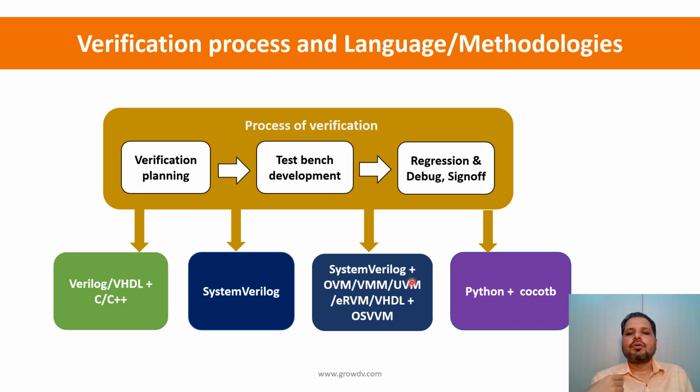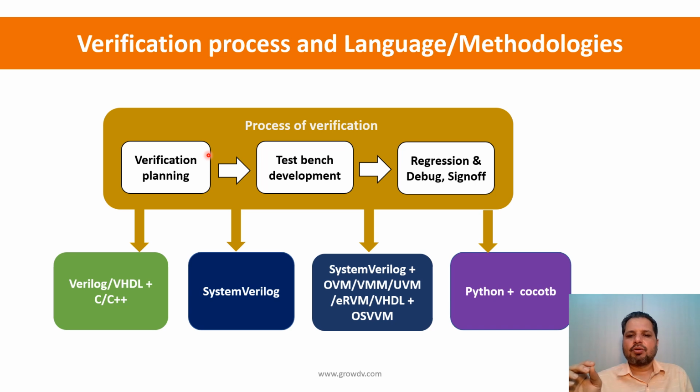So I will use SystemVerilog along with some methodology to satisfy that requirement. And recently, languages like Python along with CocoTB are coming up, which shows that a very general purpose language like Python can also be used for executing the process of verification.